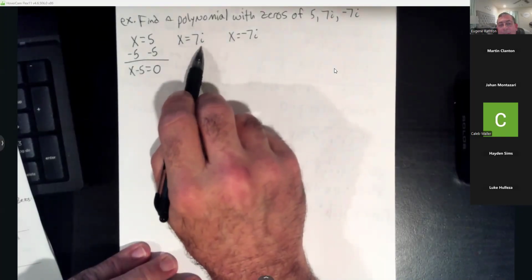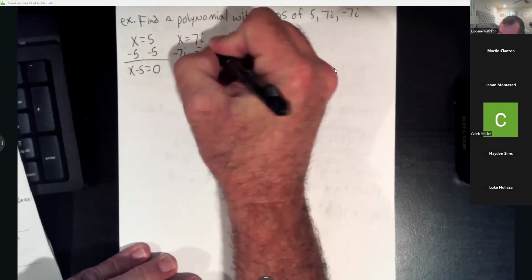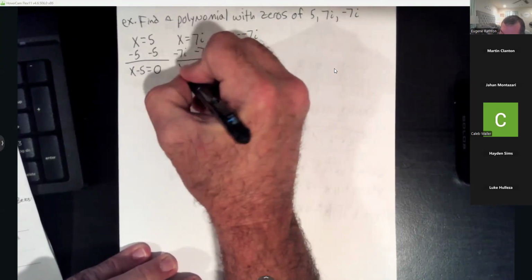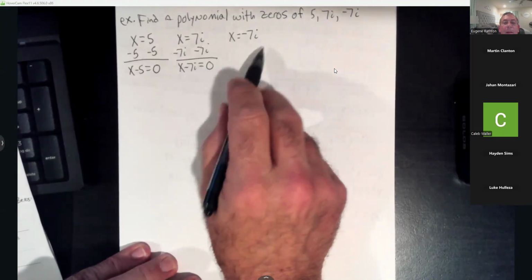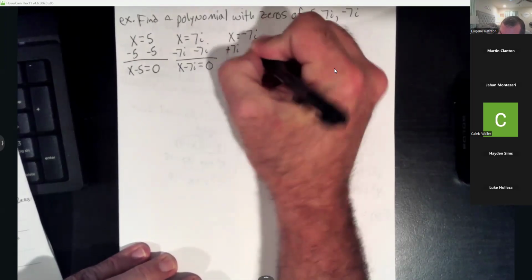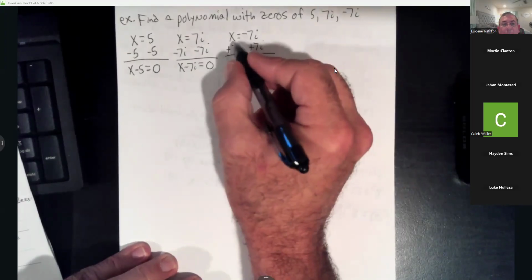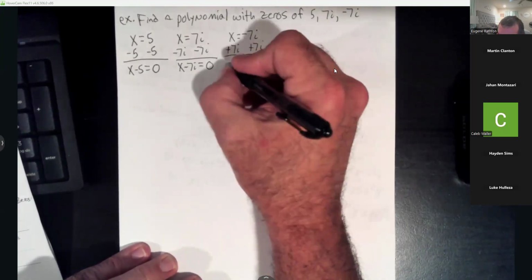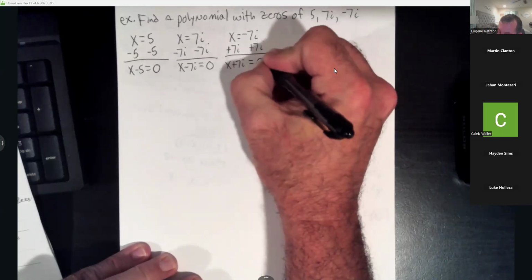This one's a positive 7i, so we're going to subtract 7i, and I get x minus 7i equals 0. And this is a negative 7i, so I'm going to add 7i to both sides, and that one will give me x plus 7i equals 0.